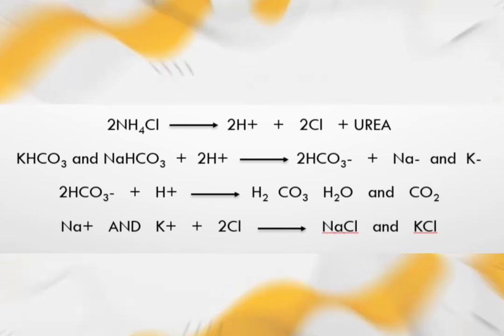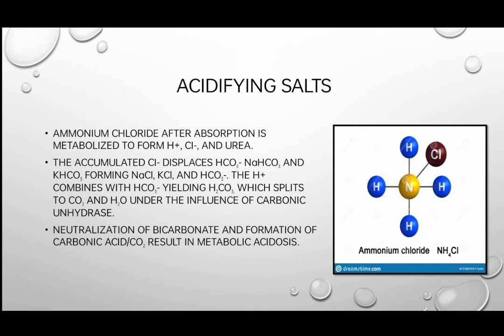To explain, ammonium chloride, after absorption, is metabolized to form hydrogen ions, chloride ions, and urea. The accumulated chloride ions displace bicarbonate from sodium bicarbonate and potassium bicarbonate, forming sodium chloride, potassium chloride, and bicarbonate.